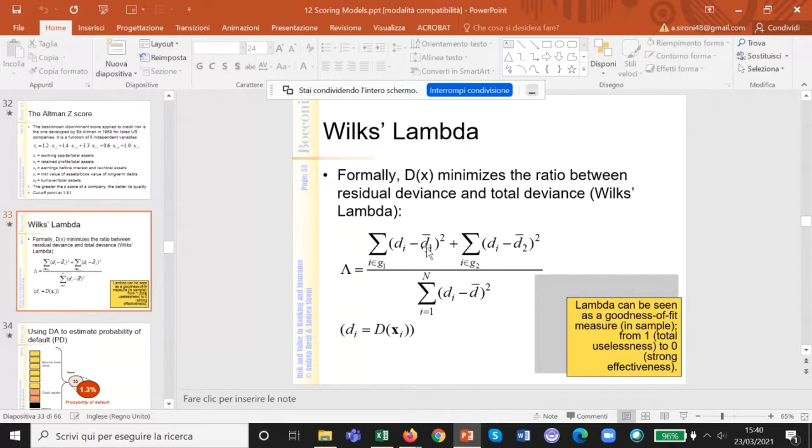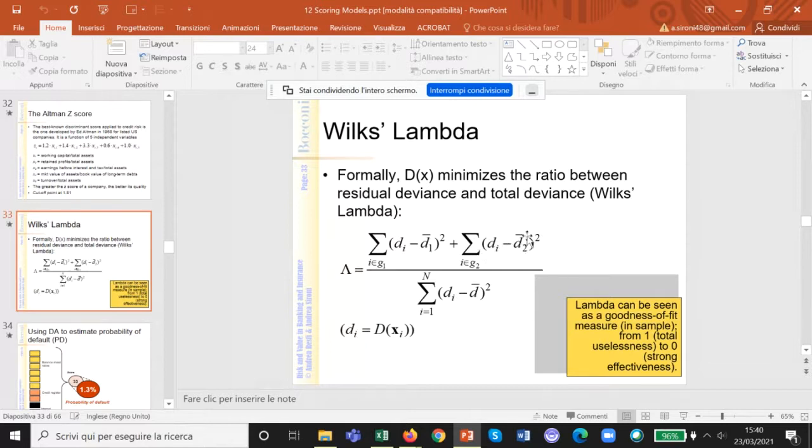and the average score value for the good companies. So this is basically the centroid for good companies. This is the sum of the differences between the score value of company i and the average value for the companies belonging to the good group, squared, so that positives and negatives do not offset.